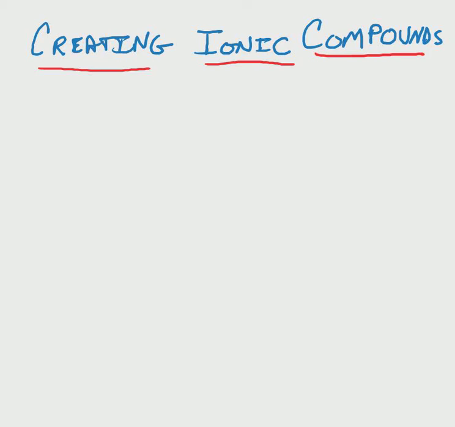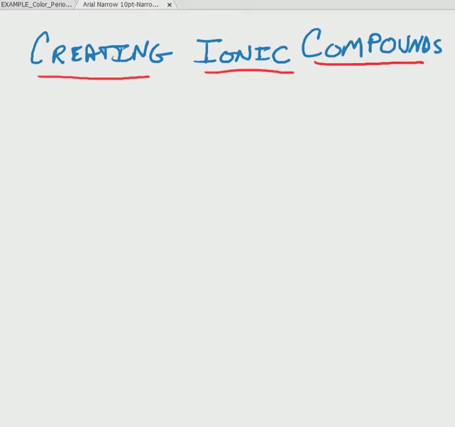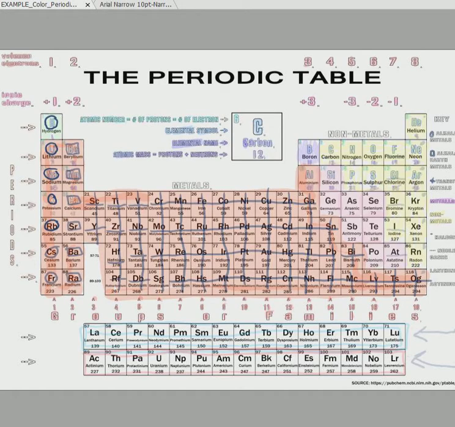If you remember from yesterday, we would look at the periodic table and we would look at the ionic charge, which is above group 1, group 2, group 13, group 17, group 16, and group 15.